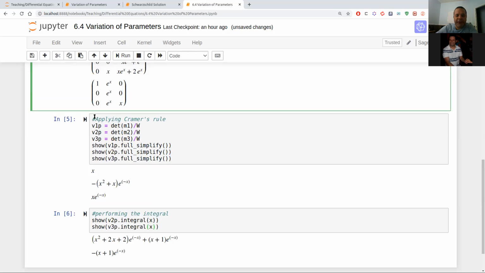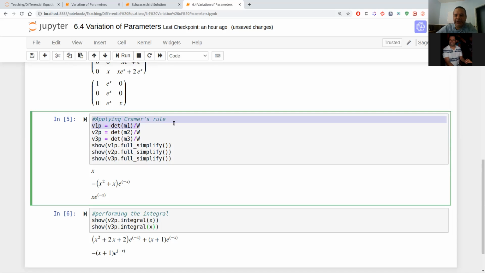Next, I apply Cramer's rule. So when I apply Cramer's rule, I'm taking the determinant of M1 divided by W, the determinant of M2 divided by W, and the determinant of M3 divided by W. Here I had to use simplify, because look what happened when I didn't use simplify. I'll show you one of them.